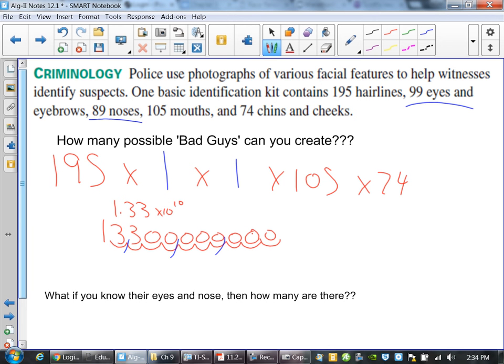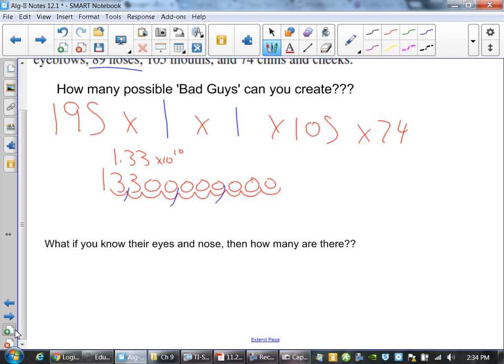It's still 1.5 billion, but the idea here is, guys, if you are ever getting mugged or robbed, please take a good look at your aggressor, because you can take it from 13.3 billion to 1.5 million possibilities.